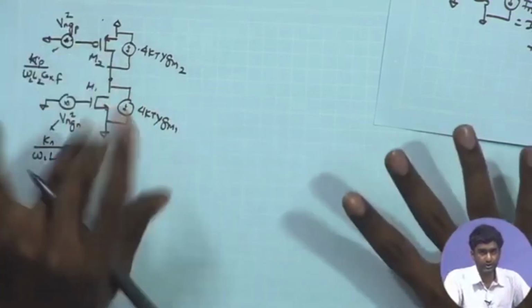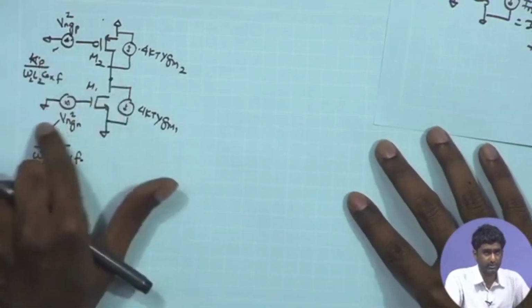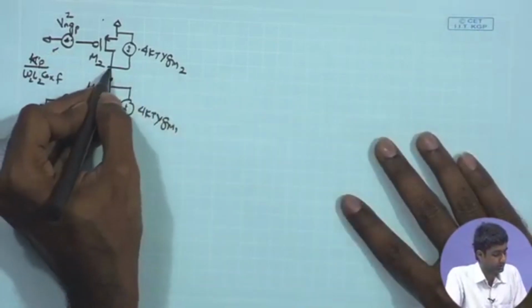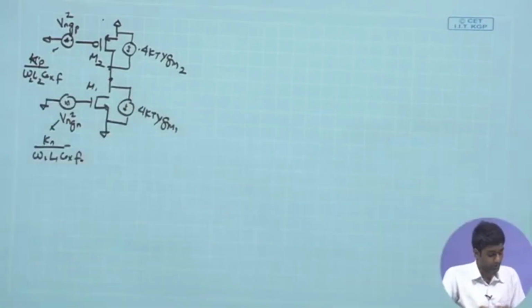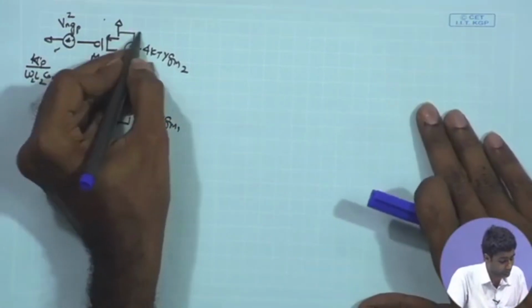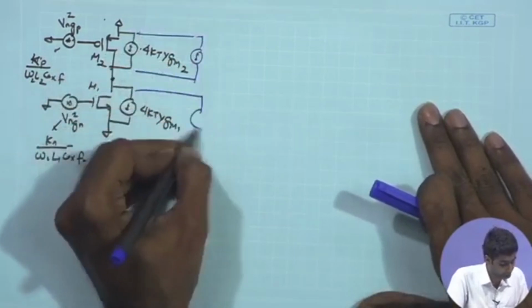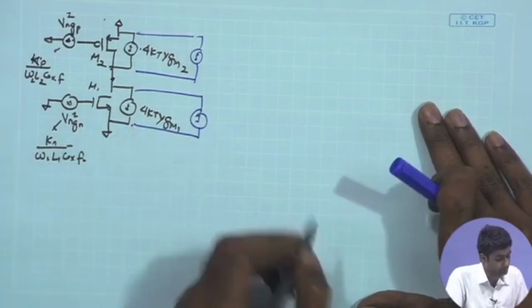For these two, it is clear that the gate voltage can be translated into the channel current, and therefore, I can write down the equivalent noise current coming from the gate voltages translated into channel current.